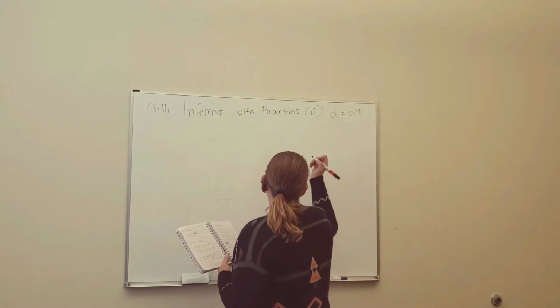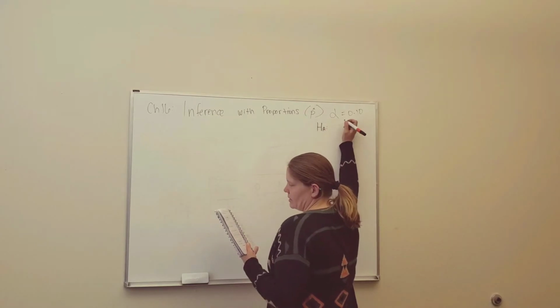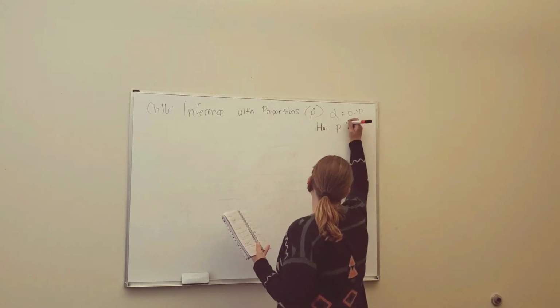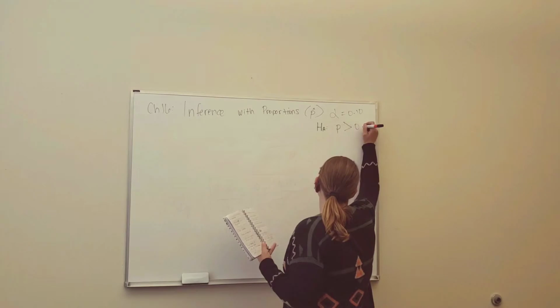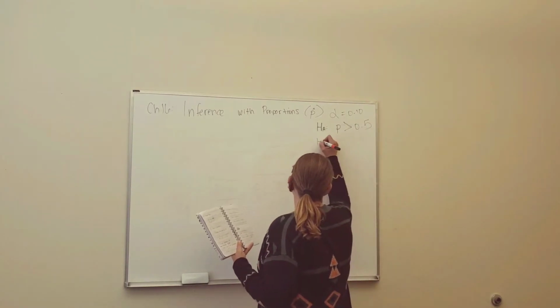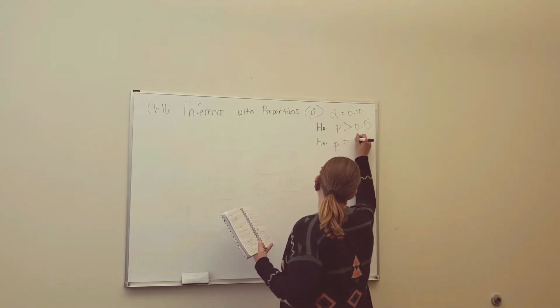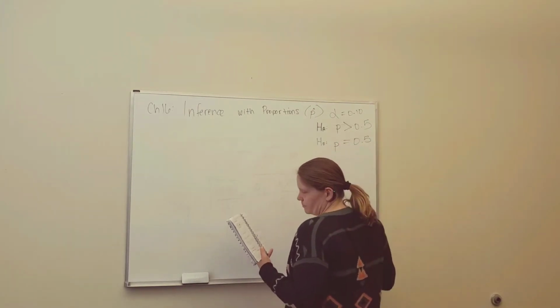First, we'll state our hypotheses. Our alternative hypothesis is that our proportion will be greater than 0.5, and the null hypothesis is that p will be equal to 0.5.